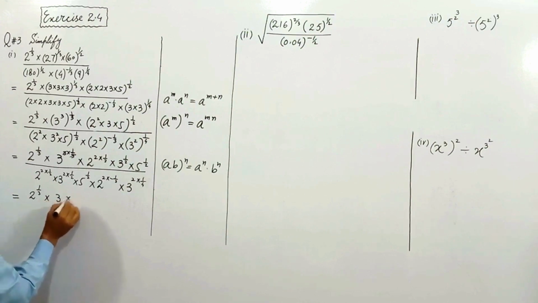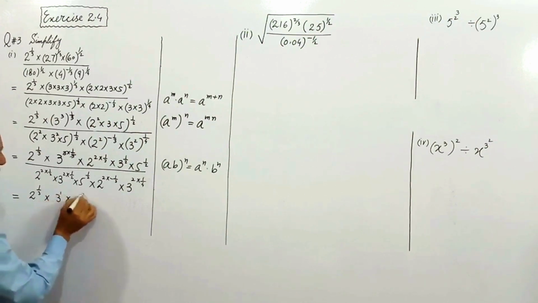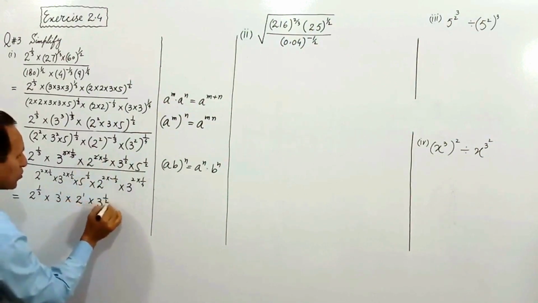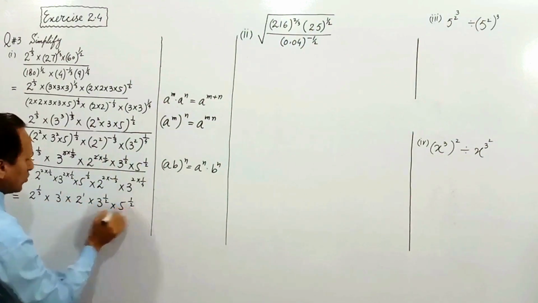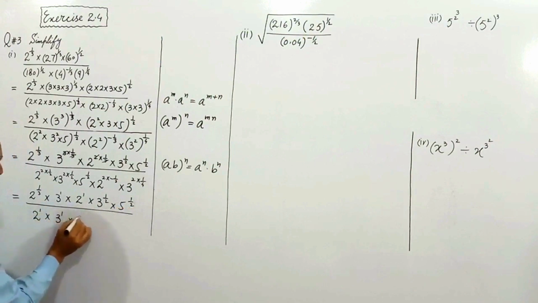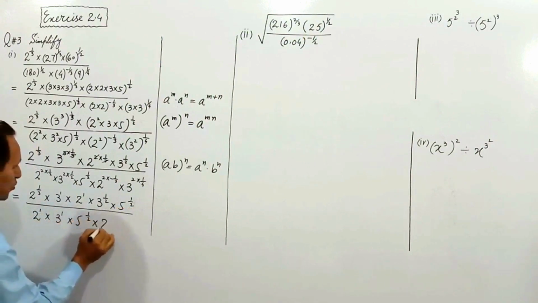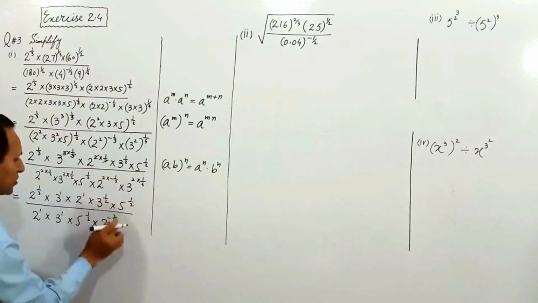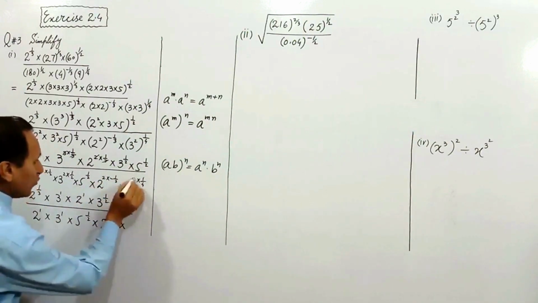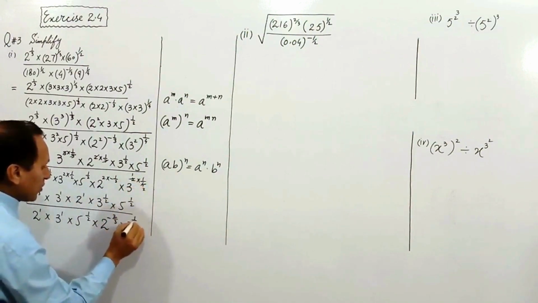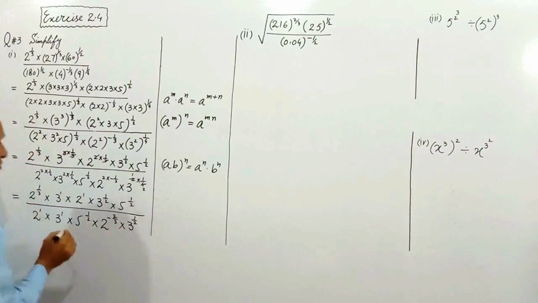So 3, 2 raised to power 1, 2 is cancelled by 2, 3 raised to power 1 by 2, 5 raised to power 1 by 2, whole divided by 2 raised to power 1, 3 raised to power 1, 5 raised to power 1 by 2, 2 raised to power minus 2 by 3, plus minus minus, 2 1s are 2. 2 1s are 2 and 2 2s are 4. So therefore 3 raised to power 1 over 2 we have in the last.